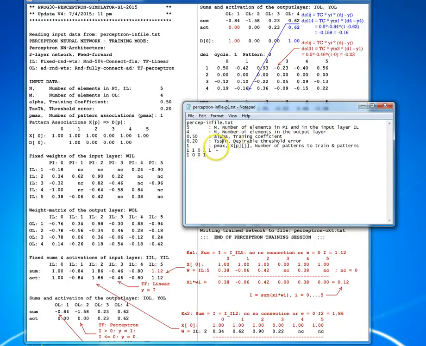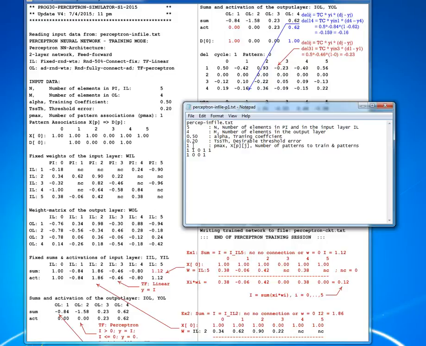In this case, you can actually train any number of input patterns. Whenever you want to understand how the neural network works, you should apply one pattern. In that case, it will display all the internal details of how the network training is performed.